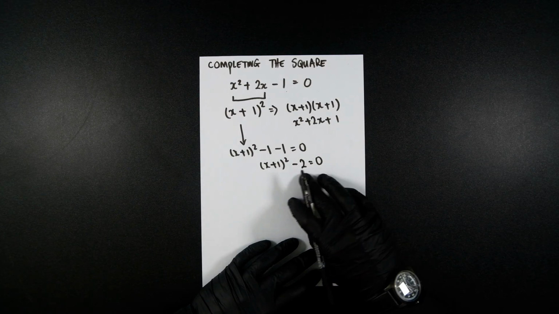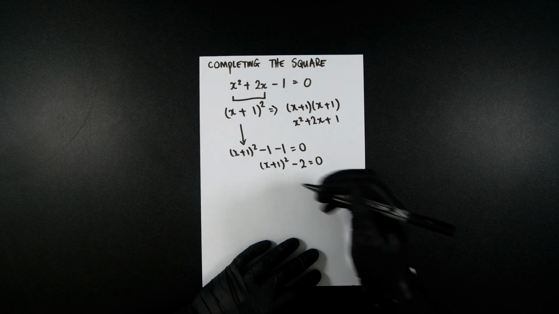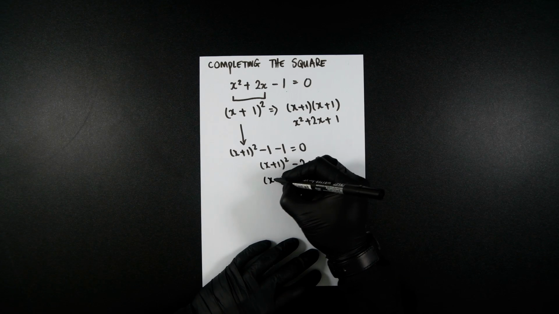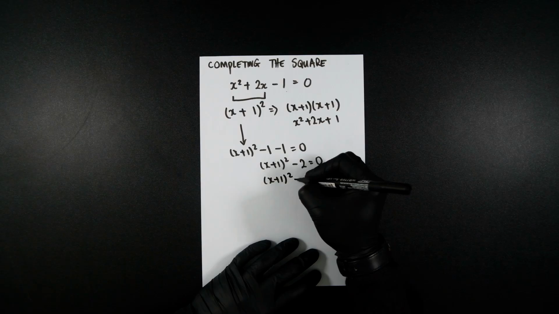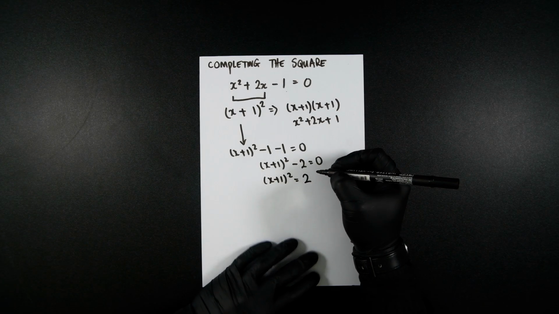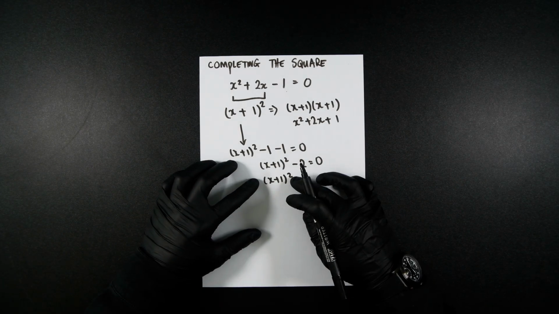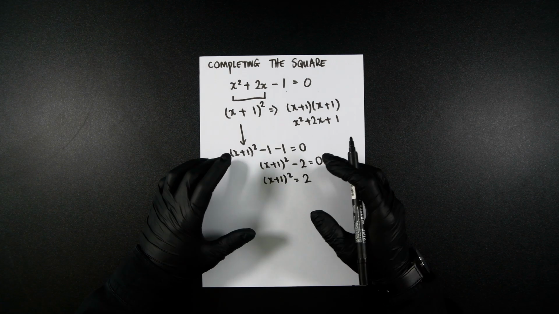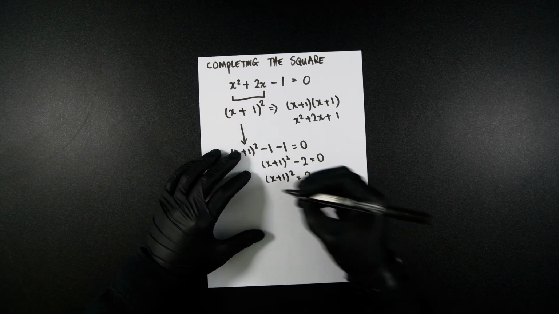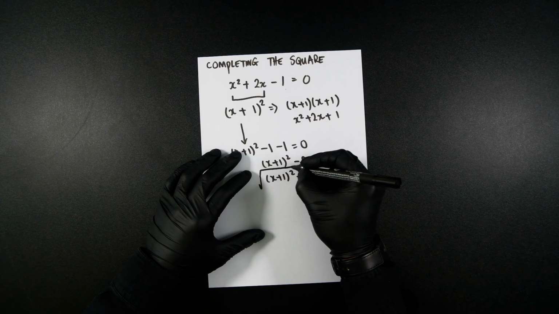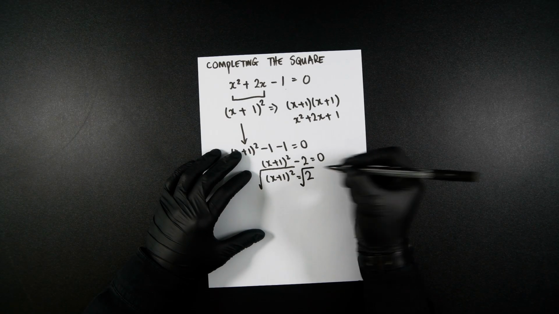We can now move this 2 to the other side. So let's do that. We're going to have x plus 1 all squared equal to 2. How do we get rid of the squared on this side? By square rooting it. So let's square root both sides, this side and this side.